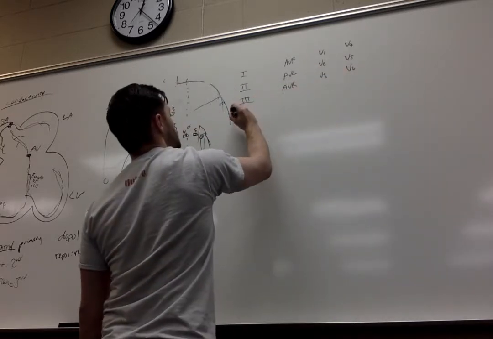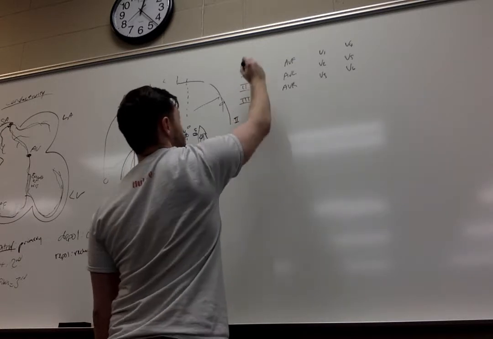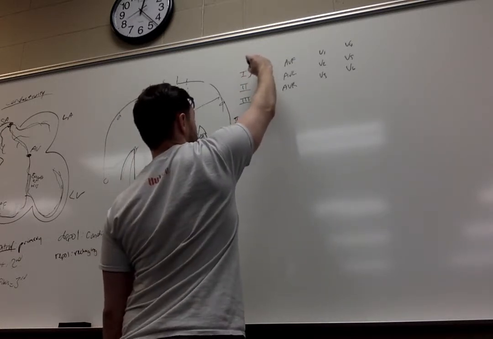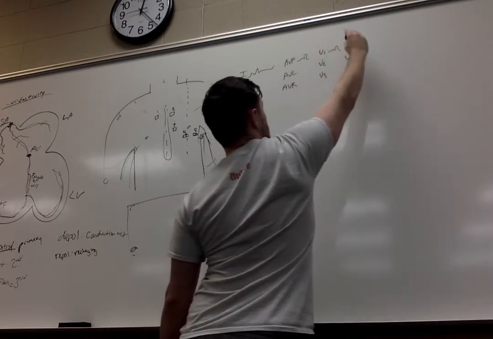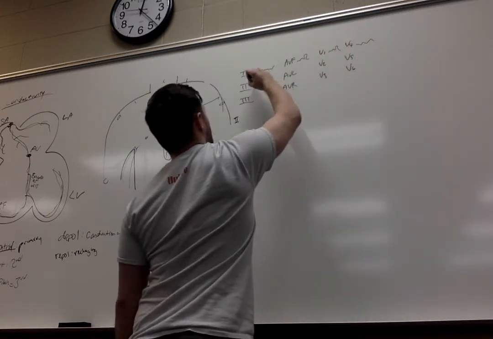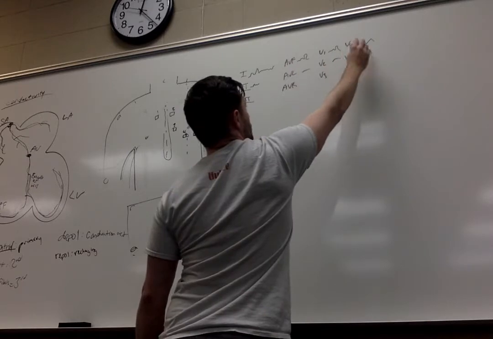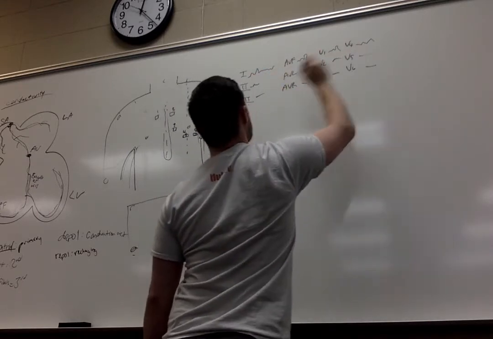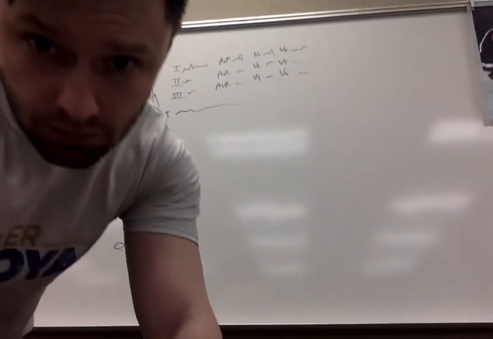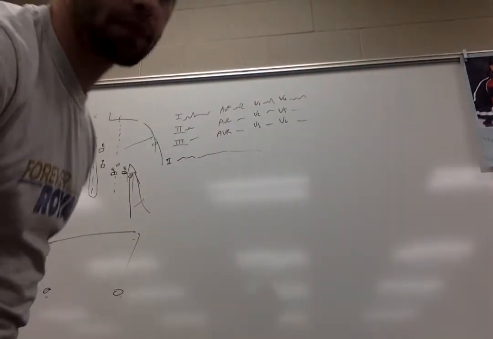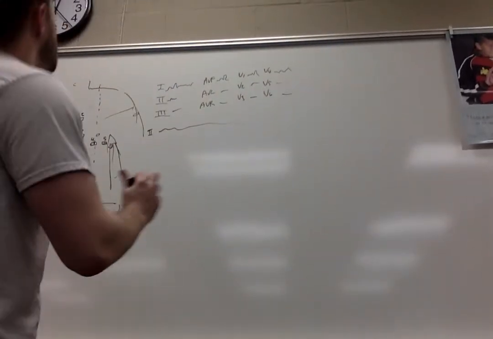And then you're going to have an extra reading down here. It's usually lead 2. Then you're going to see a whole bunch of little rhythms, all coming from different angles of the heart. And then we'll talk about rhythms after this.